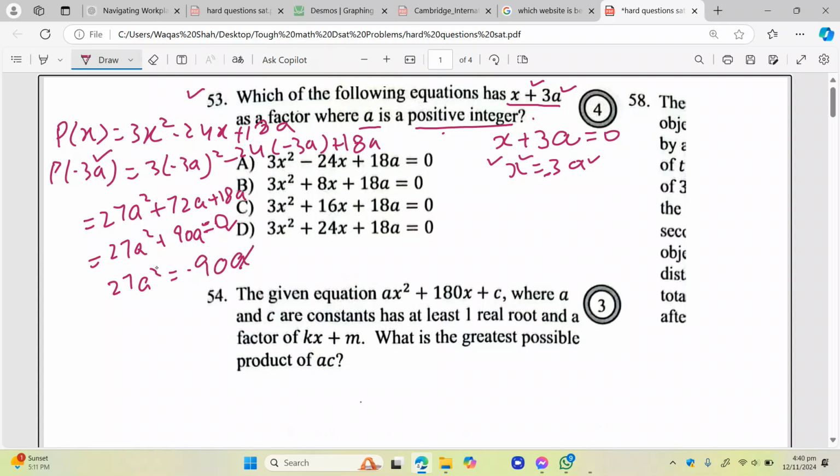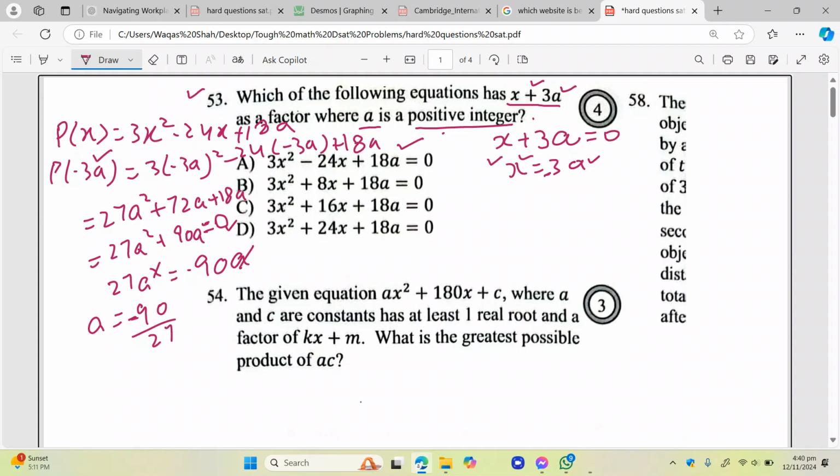You can cancel out a with a square, so a will be equal to minus 90 divided by 27, which is negative and not even an integer. So it means that x plus 3a is not a factor of the first equation, right?